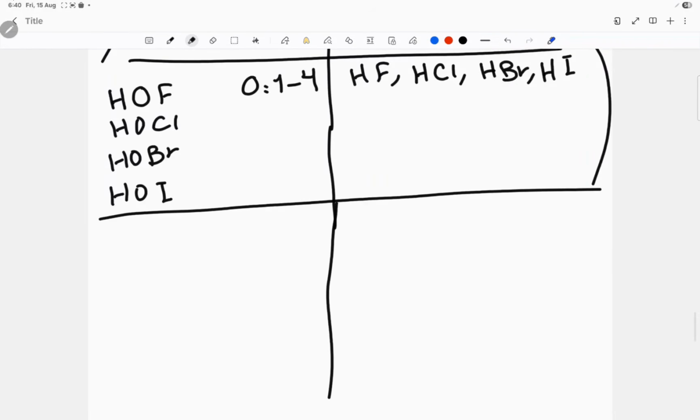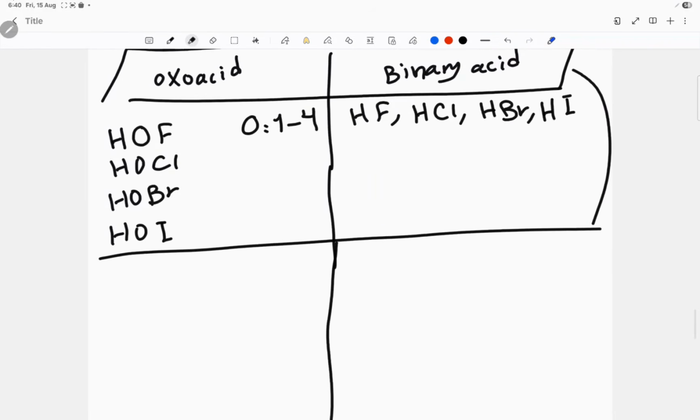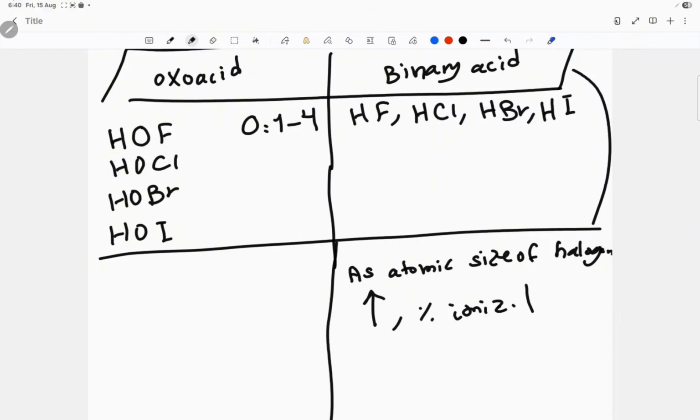Second thing, for the binary acid, as the atomic size of the halogen increases, the percent ionization increases. So of the 4 listed binary acids, which one has the halogen with the largest size?